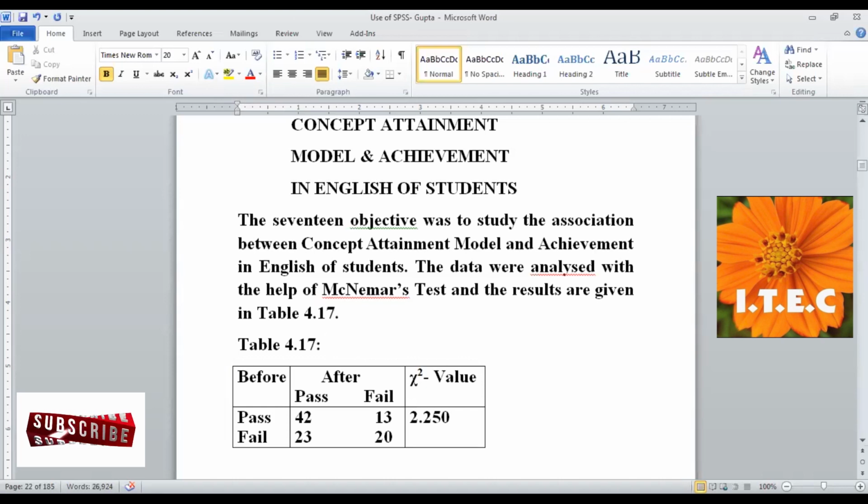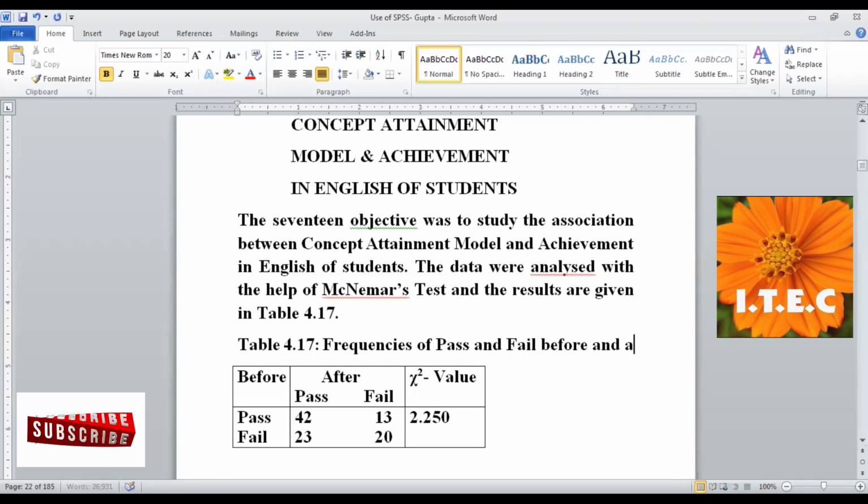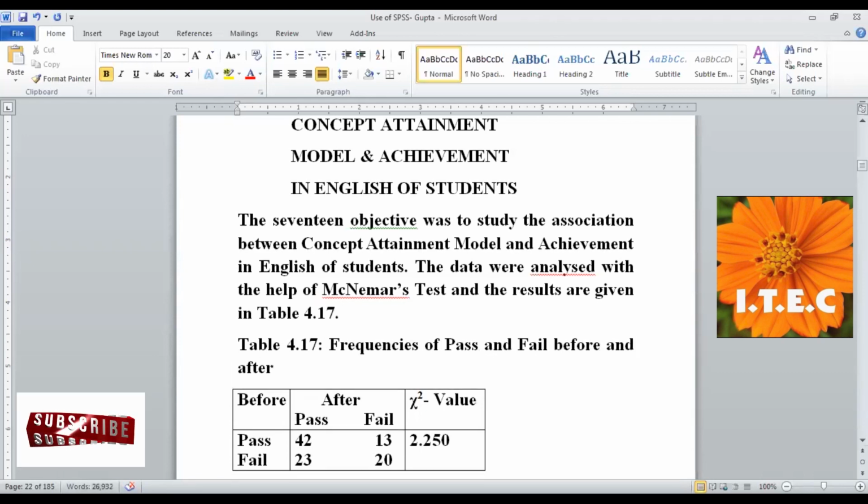So you can say frequencies of pass and fail before and after.